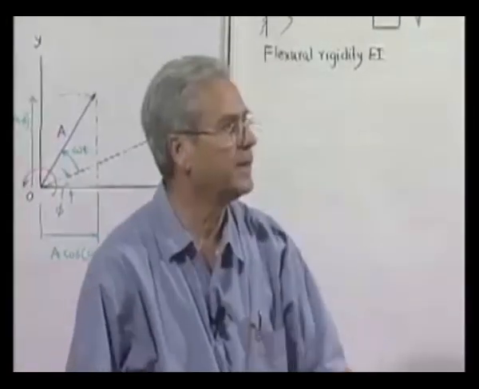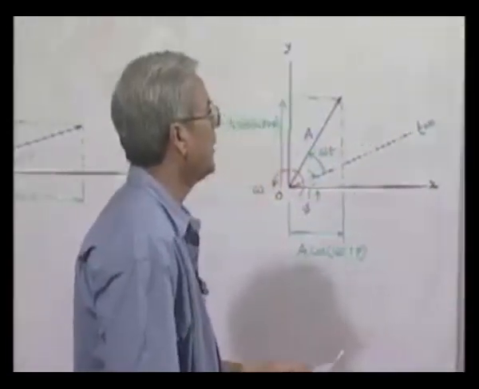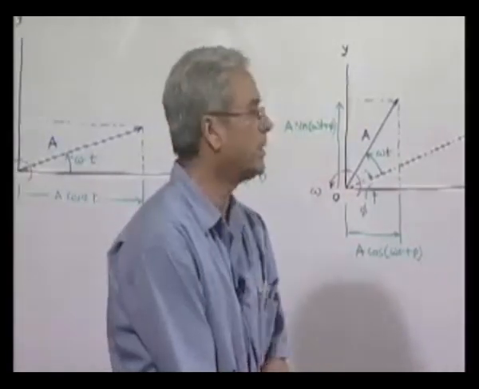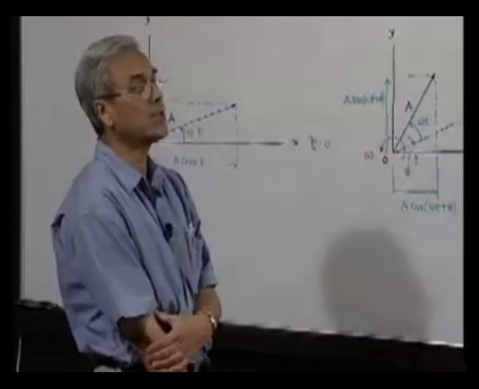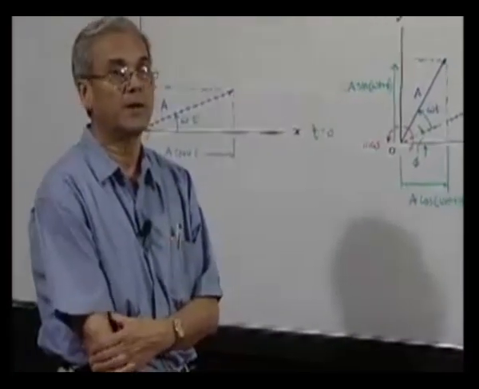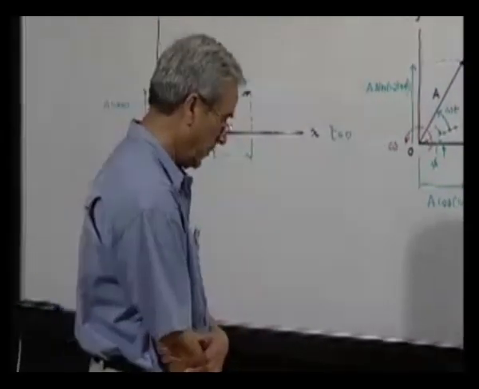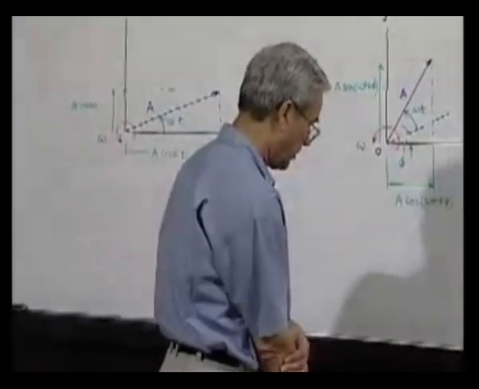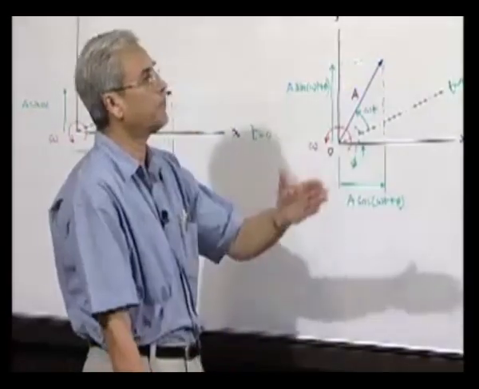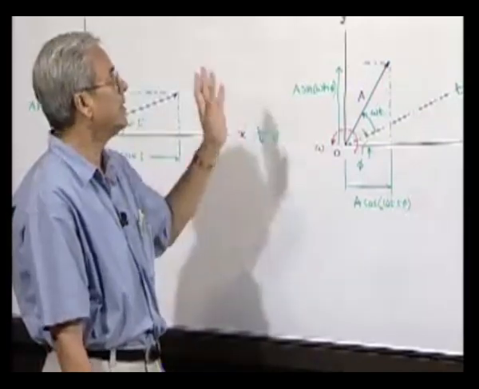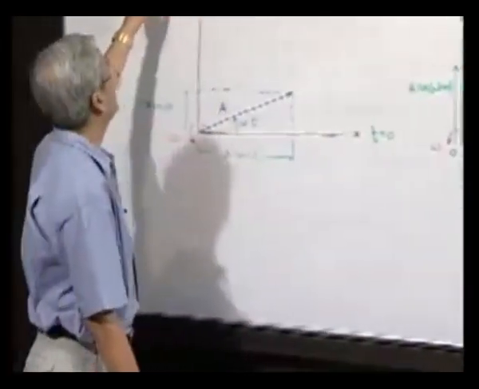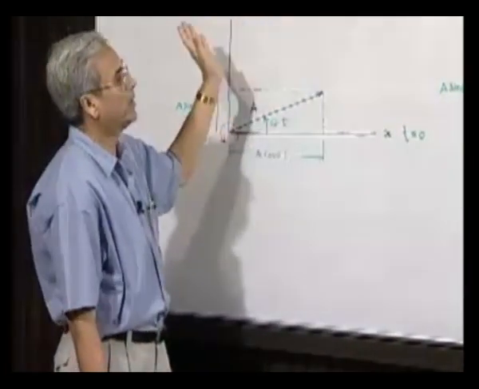I think in the next lecture we will take up more complicated problems. Particularly, we would also like to take situations where the restoration is by gravity, and we will also try to figure out if there are other approaches of solving such problems, particularly in cases where there is no damping or no dissipation.